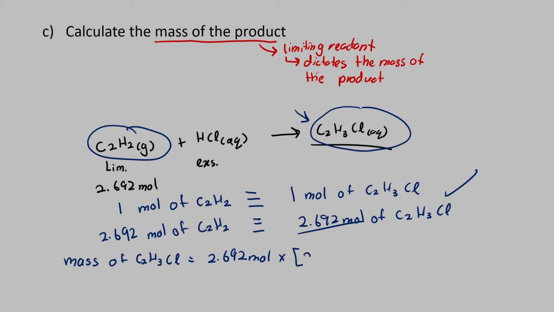So we have two carbon which is 12, plus 3 hydrogen which is 1, plus one chlorine which is 35.4. Let's say 35.5, some books say 35.5. So you should get the mass of 168.12 grams.